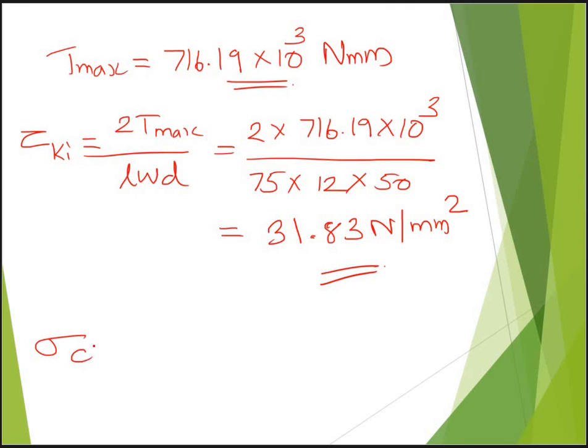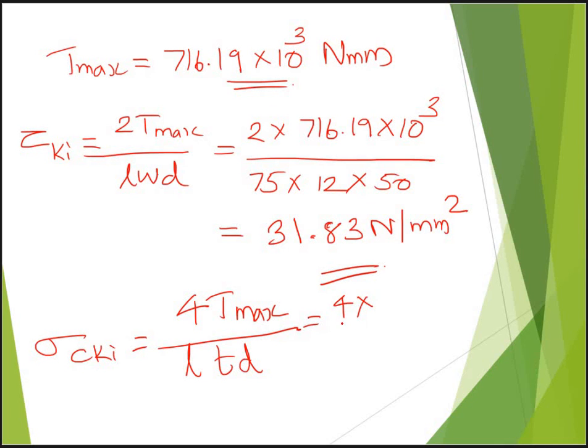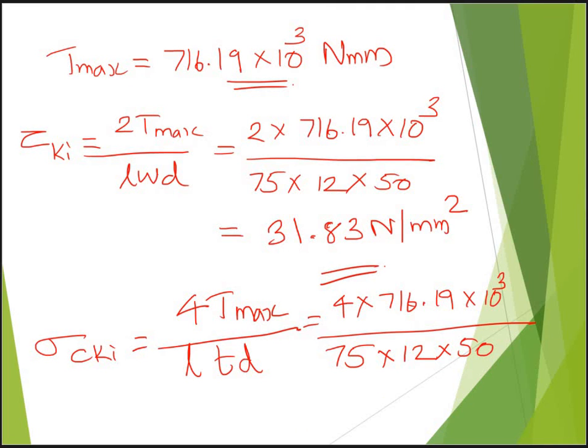Next, induced crushing stress in the key is equal to 4 T max divided by LTD, which is 4 into 716.19 into 10 raised to 3 divided by 75 into thickness, and thickness and width will be the same, so 75 into 12 into D, diameter of the shaft 50, is equal to 63.66 megapascal or Newton per mm square.